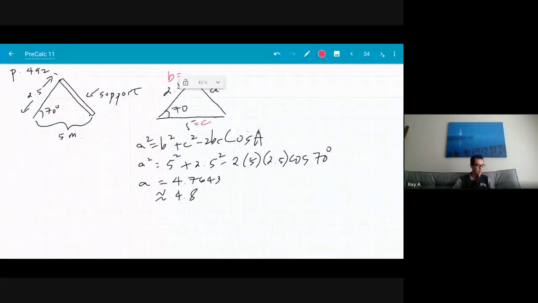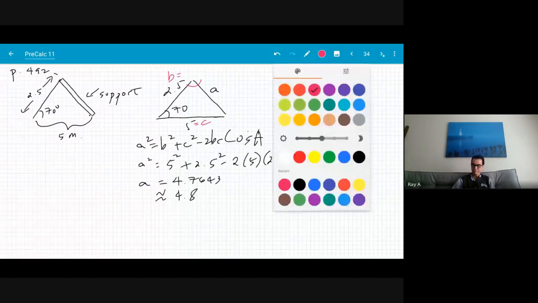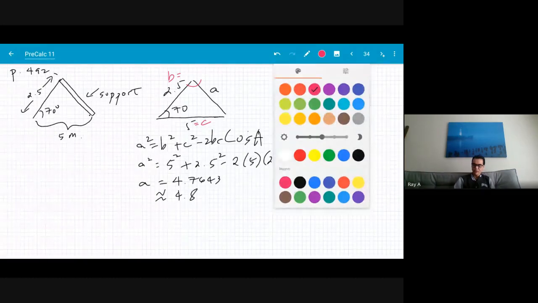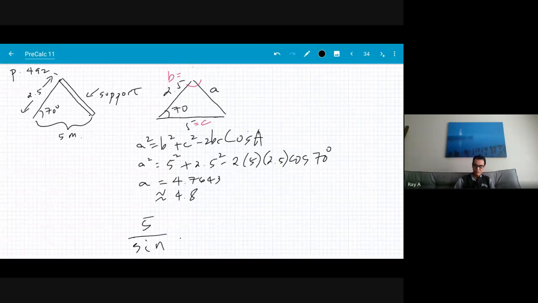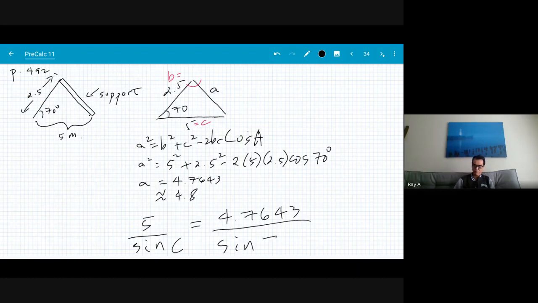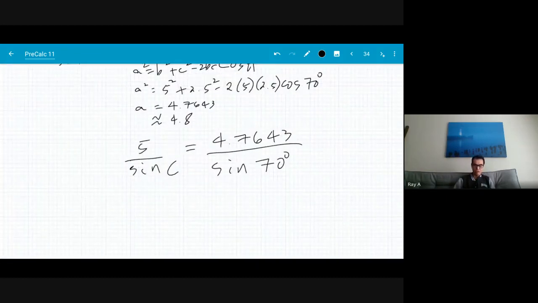Because you have side A. So that means we're looking for angle C, because it's opposite side C. That'll be 5 over sine C equals A over sine A. I would expect that you're able to do this because this is just the sine law, wherein the angle is about 80 degrees.